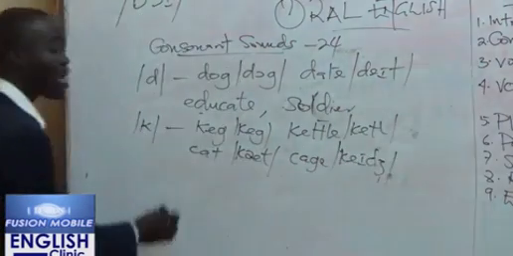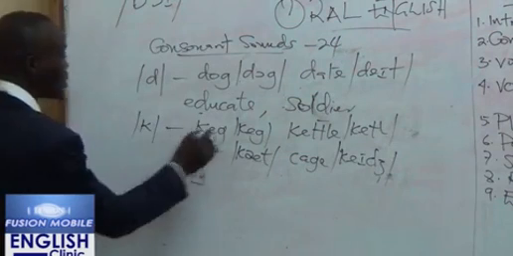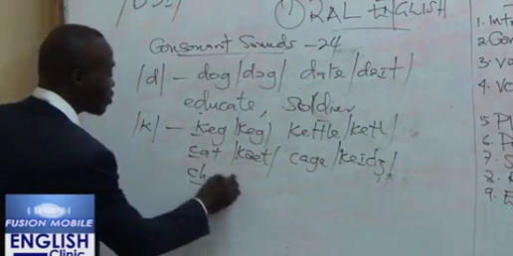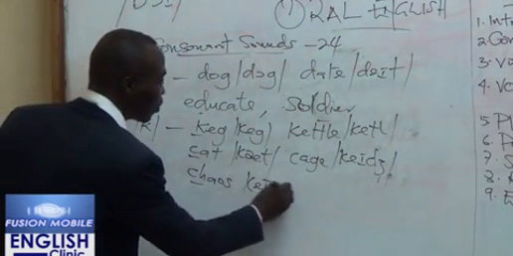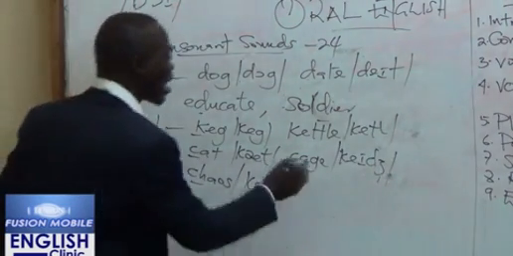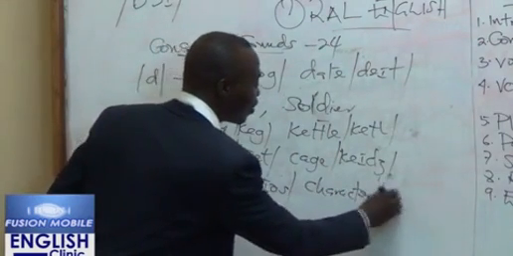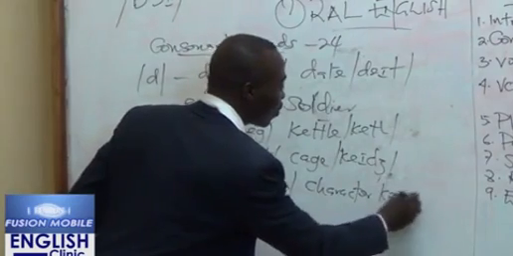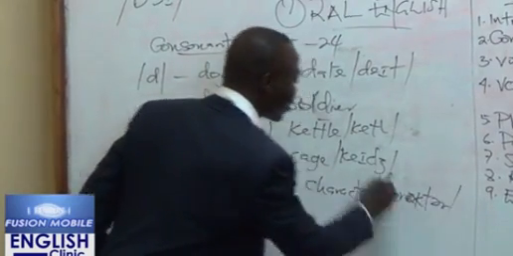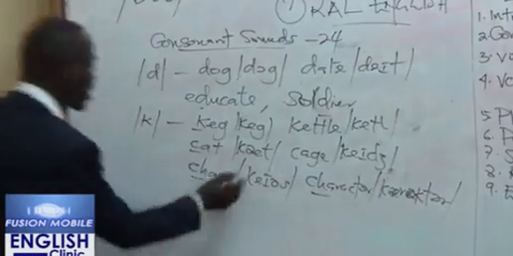It can be realized by CH as in chaos. It can be realized by CH again as in character.